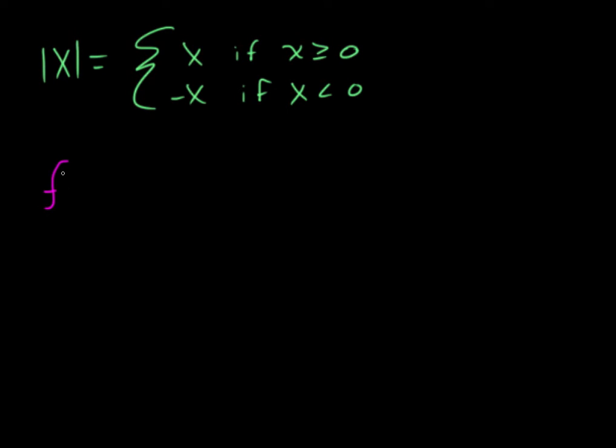Alright, now they want us to look at the absolute value function as a piecewise function. And so here's the piecewise definition. And then they want us to graph the following.